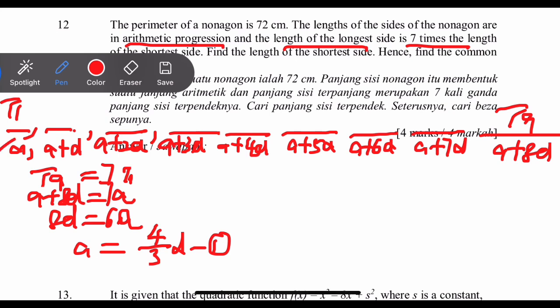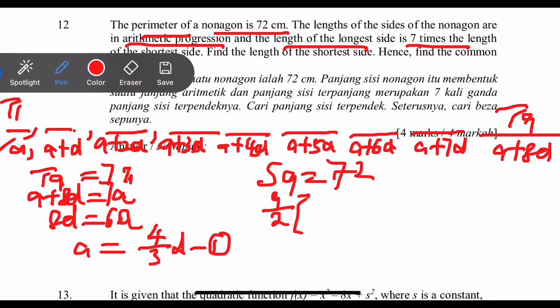Now we need another piece of information to get another equation, because if you have two unknowns, you must have two equations, then only you can solve simultaneously. So yes, the perimeter of the nonagon is 72 centimeters. When you sum up all the sides, you get 72. So S9, 9 because it's a nonagon.